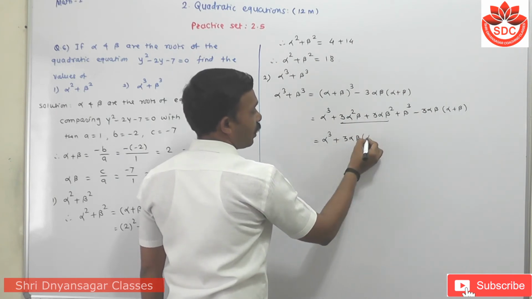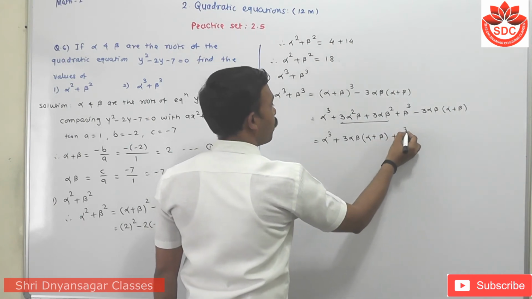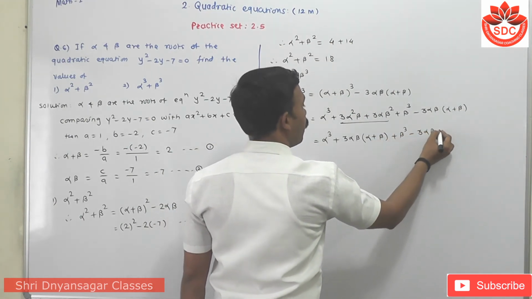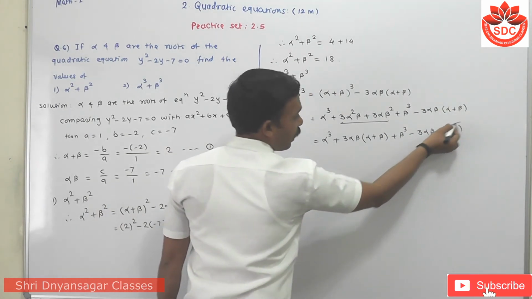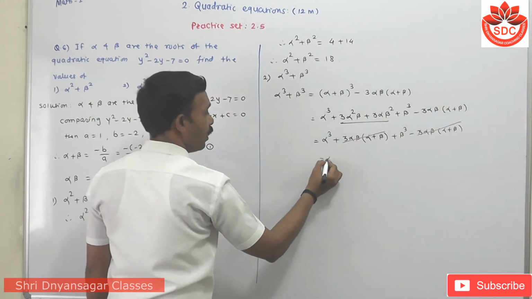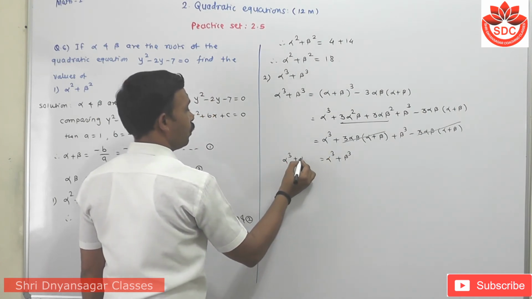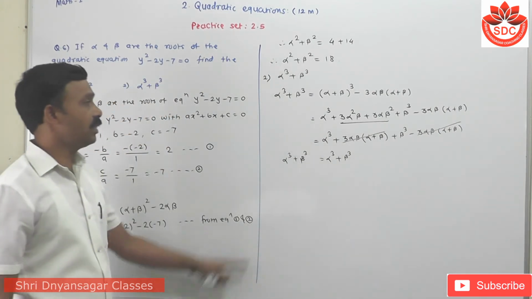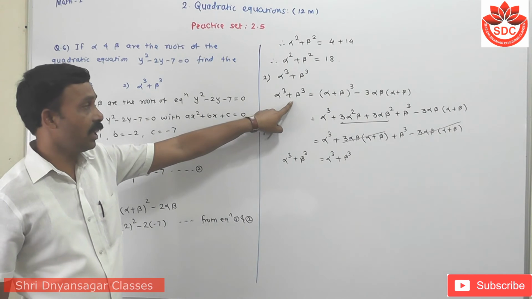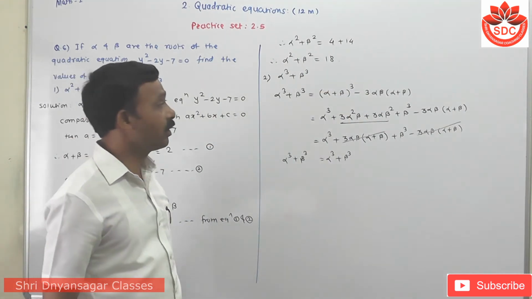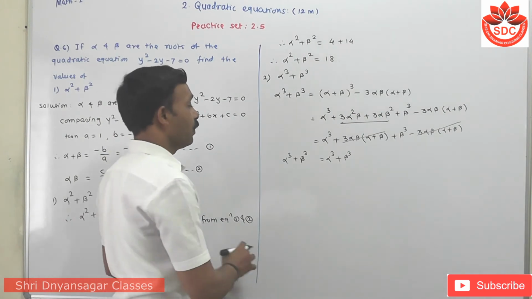Then in bracket the remaining is alpha and beta, plus beta cube minus 3 alpha beta in bracket alpha plus beta. Observe carefully, this plus and this minus get cancelled, which means alpha cube plus beta cube is equal to alpha cube plus beta cube. This is true. So we learn alpha cube plus beta cube is equal to alpha plus beta bracket cube minus 3 alpha beta into bracket alpha plus beta.